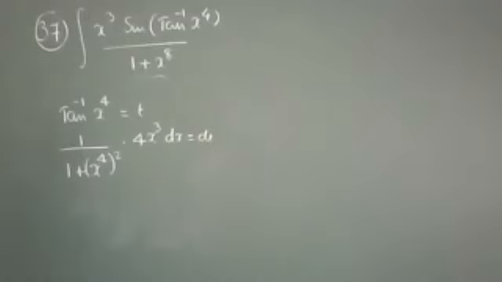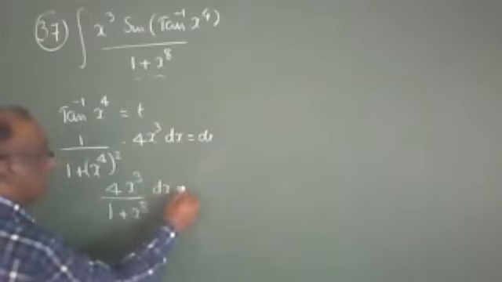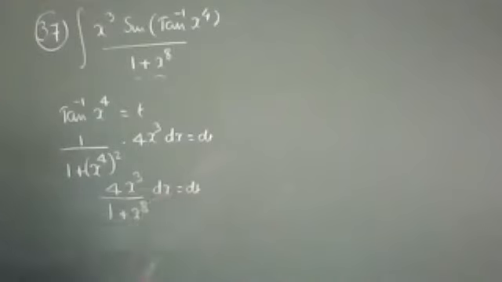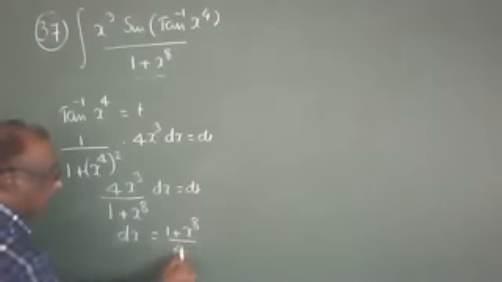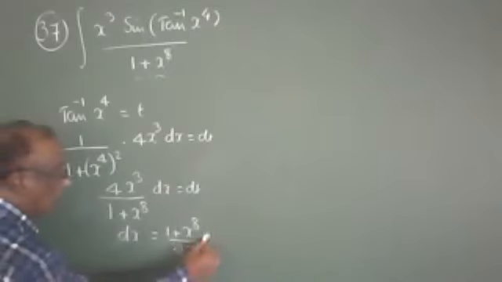So 4x cube by 1 plus x power of 8, 4 into 2 is 8, into dx equal to dt. Now dx is equal to 1 plus x power of 8 by 4x cube into dt.